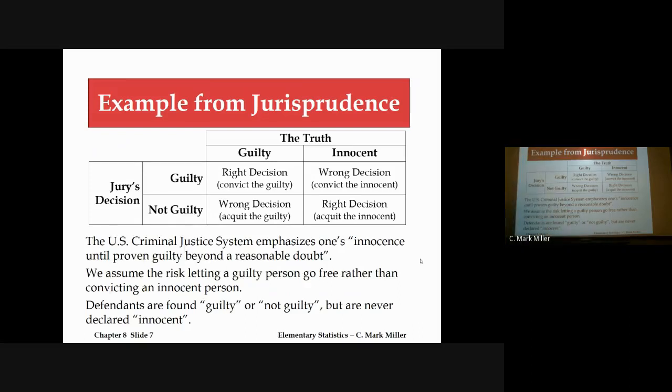But even worse, our society has placed an even higher priority on not making the other mistake: that he's innocent and found guilty. That's the other wrong decision, because you've convicted the innocent. In our society, we would rather let a few guilty people go than convict an innocent person. That is our system of jurisprudence, right?